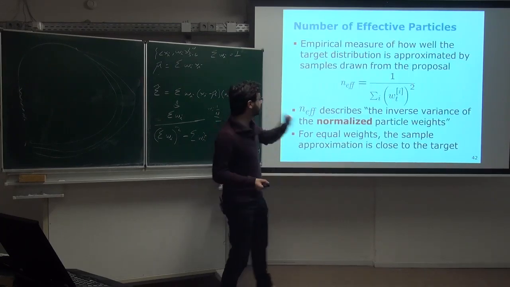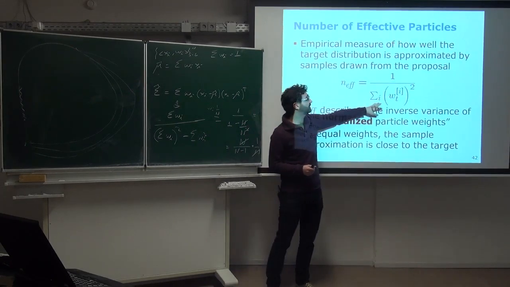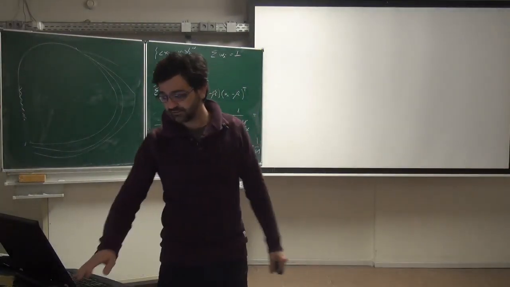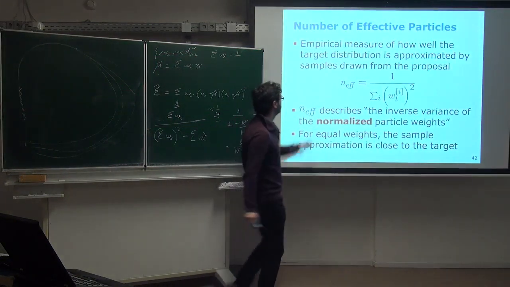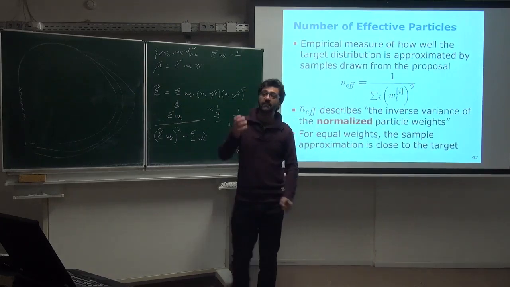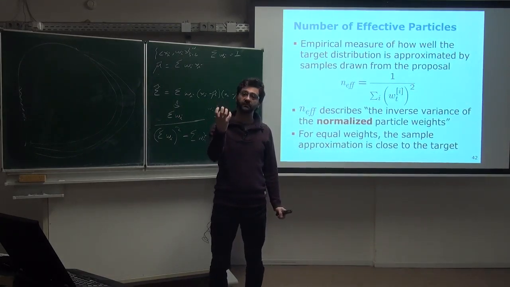The idea here is that there is a function which is called the number of effective particles, and it's basically proportional to the variance of the particle cloud. This value somehow reflects the number of samples that have a full weight, okay?